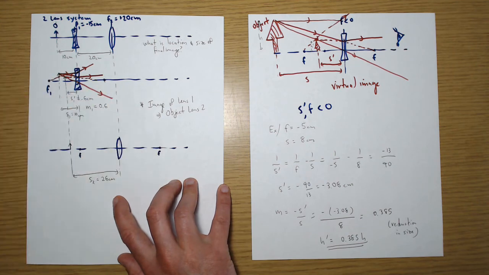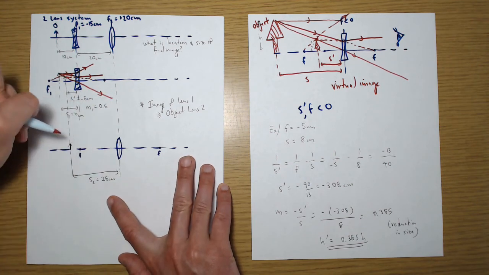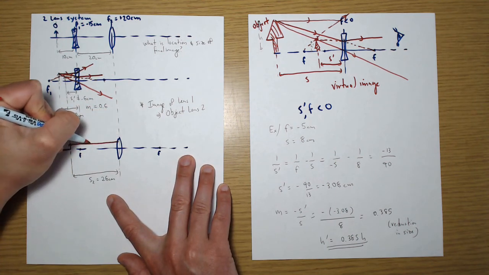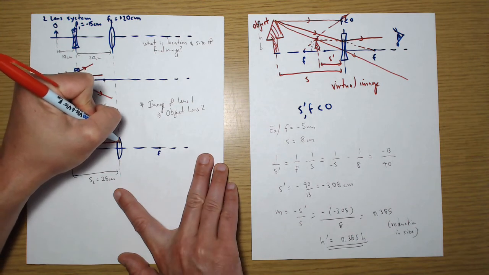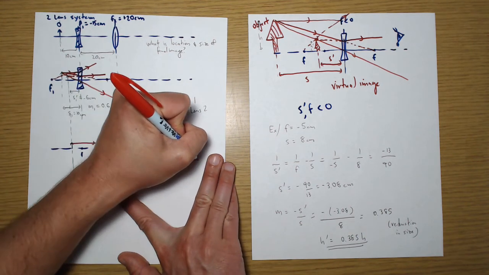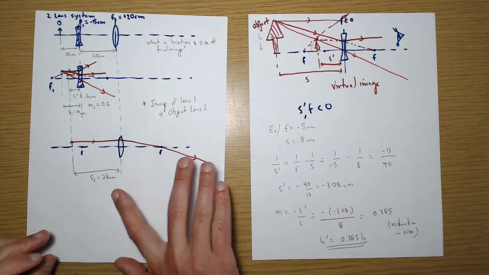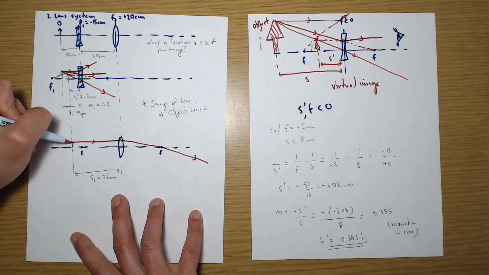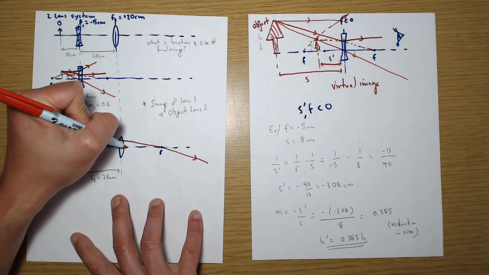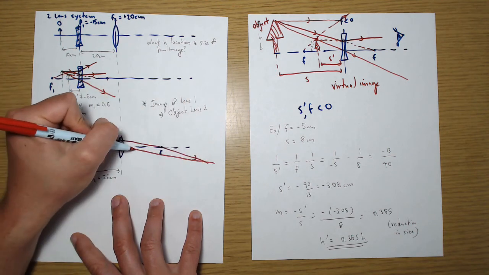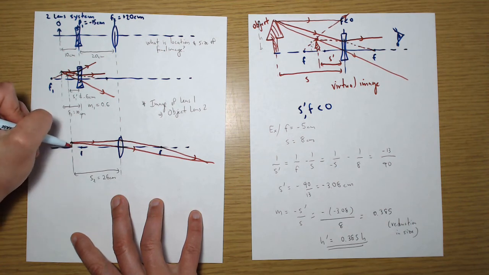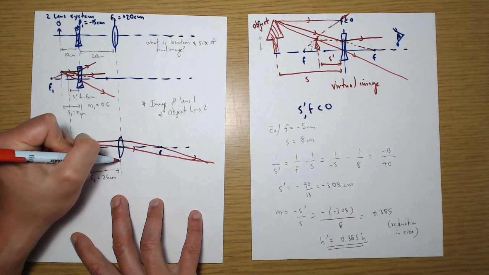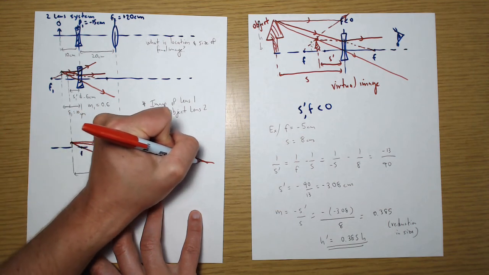So now let's just draw the principal rays. I have the parallel ray, which goes through the focus point. Then I have the ray that goes directly through the center of the lens. And then I have the ray that goes through the near focal point and emerges parallel.